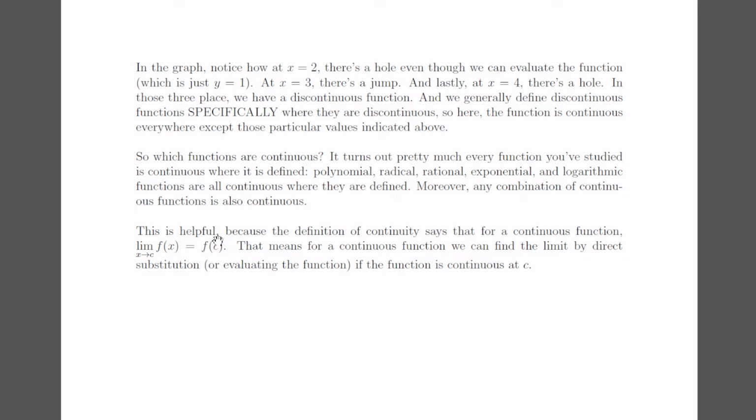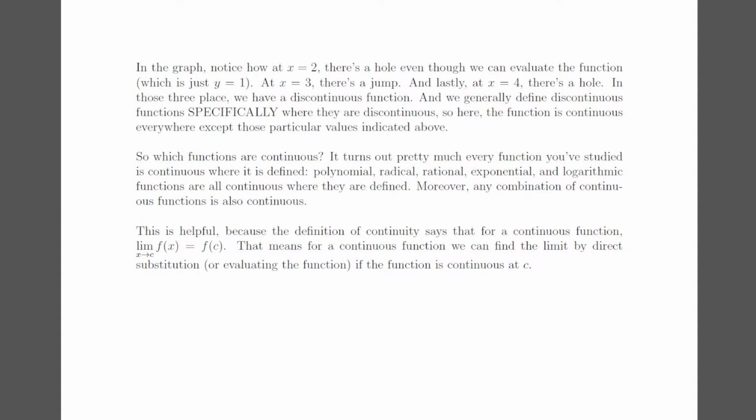We were doing a substitution. It's the same idea. We can find the limit by direct substitution, or evaluating the function, if the function is continuous at that point. So what I want to do now is go through some examples to illustrate what specifically I'm talking about with how we can solve many of these problems.